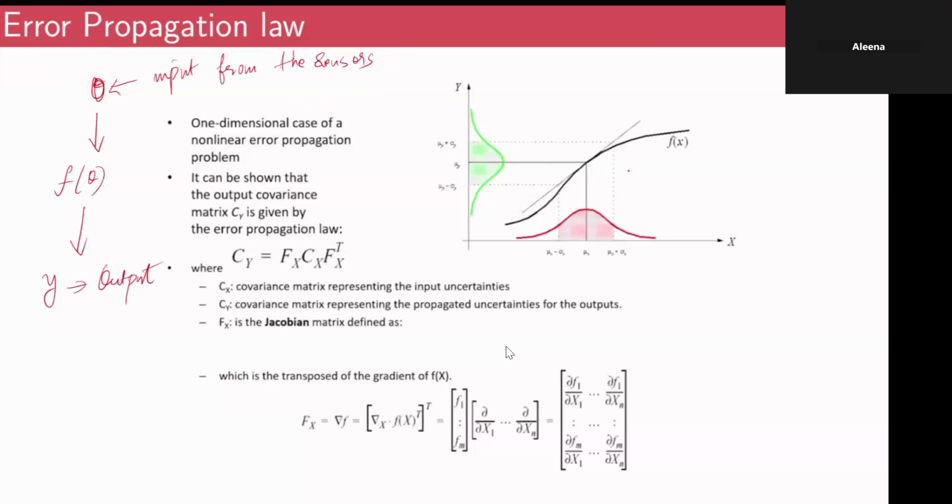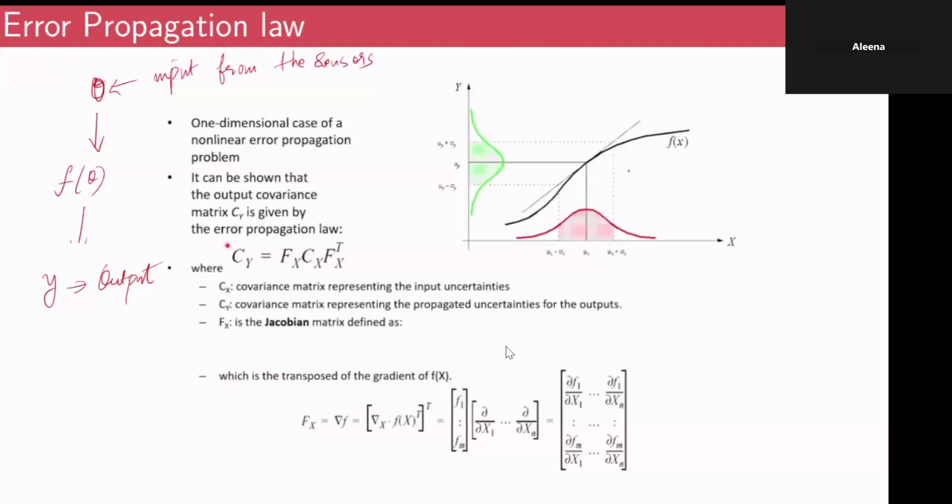If this measured parameter has an uncertainty associated with the sensors, then what will be the uncertainty associated with our calculated function, or the uncertainty associated with the output? So this is the problem that we are trying to address in error propagation.